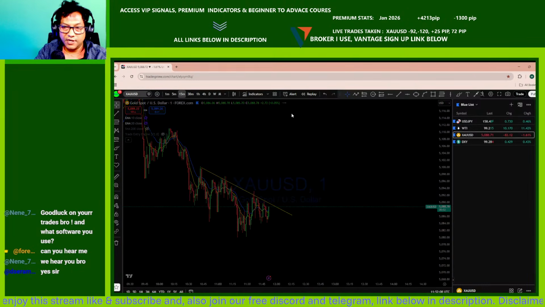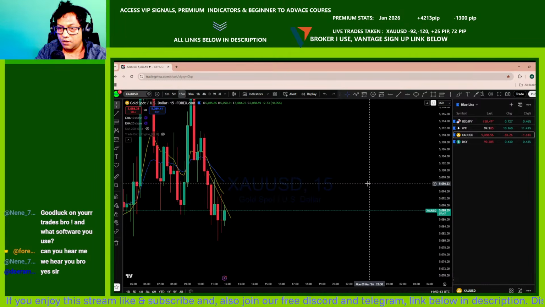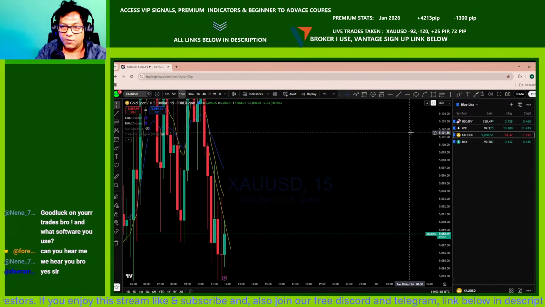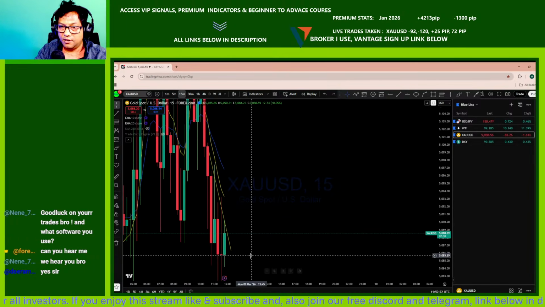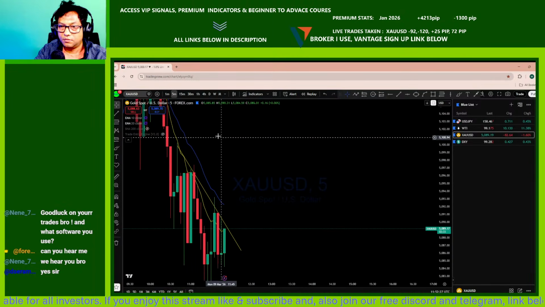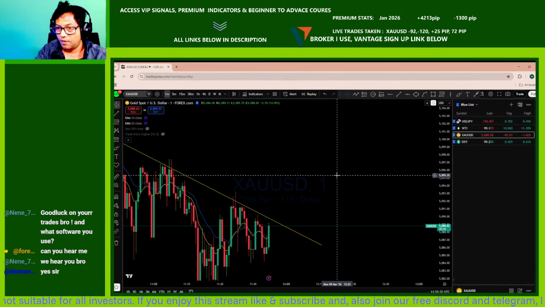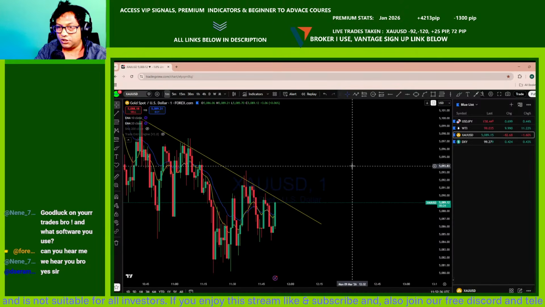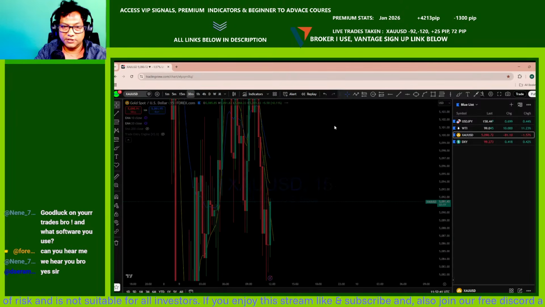If it breaks that low here, on the 15 minutes market structure you can see that multiple times the market rejected that level. How the market structure is building in this area is key to look at, in fact, where the market is heading.